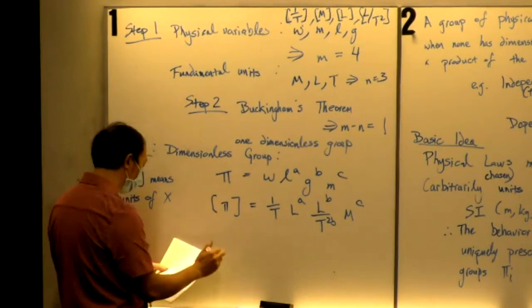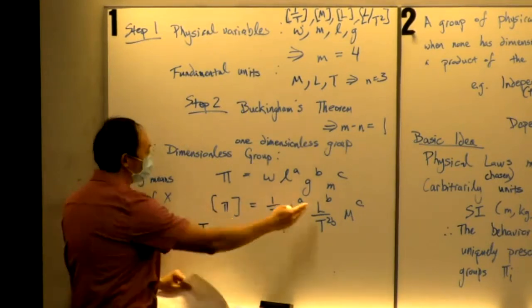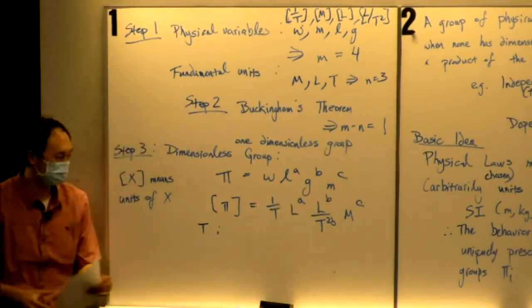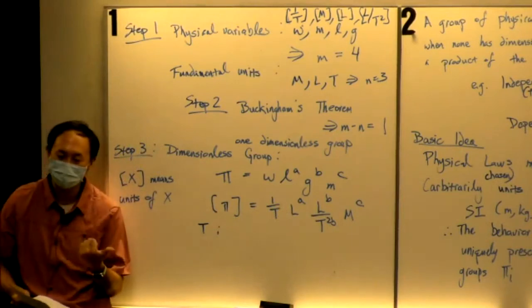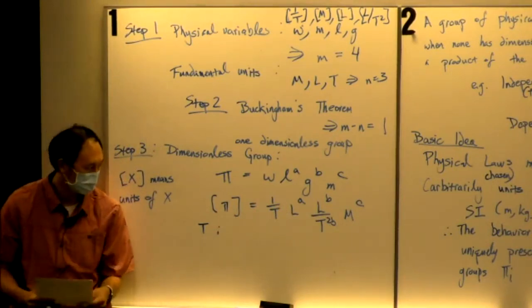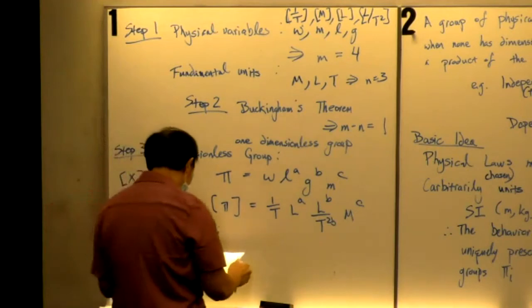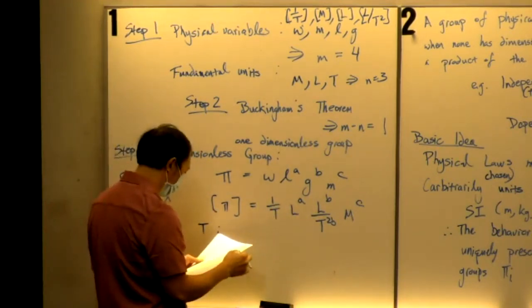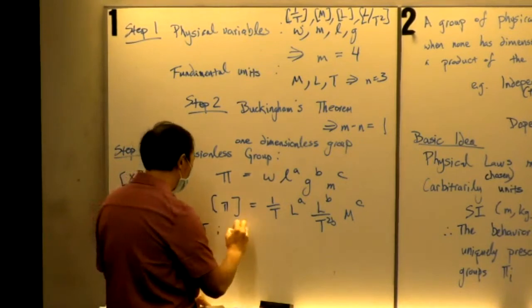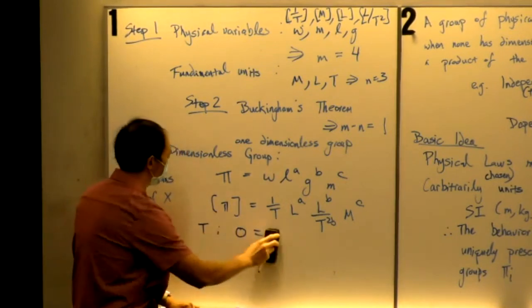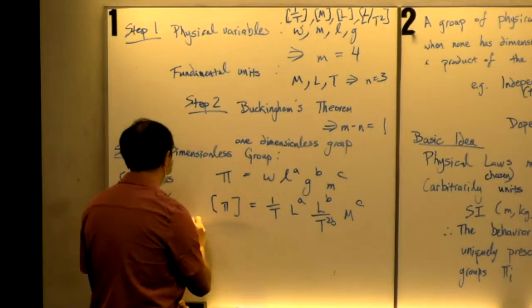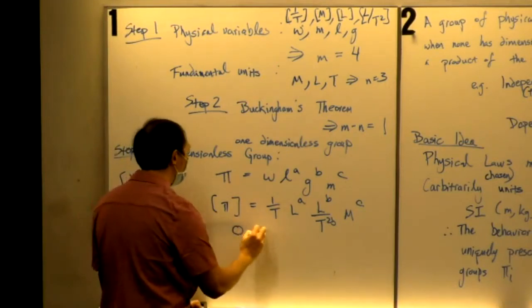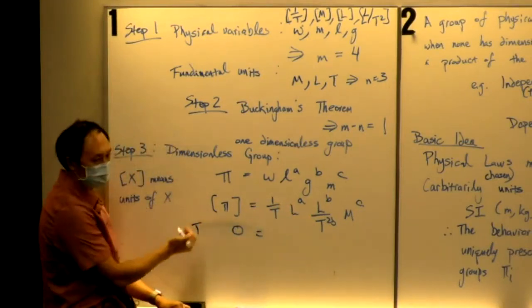All right. Okay. So this is a new equation that tells me what this is, and I want the left-hand side to be 0. So this is actually 3 equations. It tells me how many t's I need, how many m's I need, and how many l's I need. So, for example, if I solve for t, this is what I'm going to get. I get 0 because I want the times to cancel out, so I'm going to put 0 on the left.